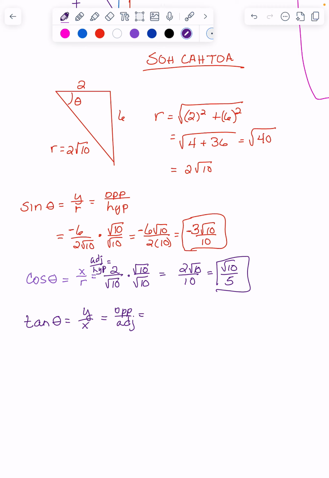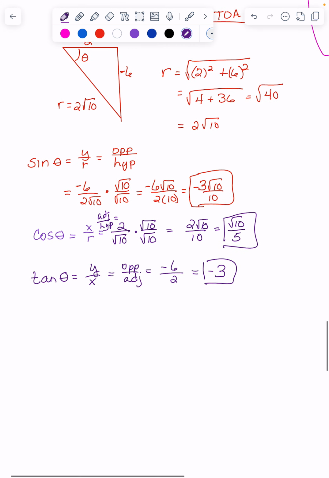So my opposite is negative 6 over a 2 is my adjacent or my x. So here I get a negative 3. That one looks a lot prettier and I don't have to do anything.